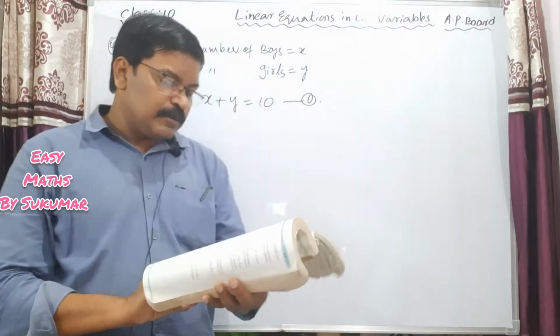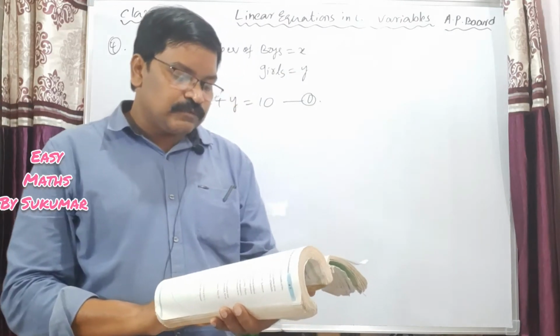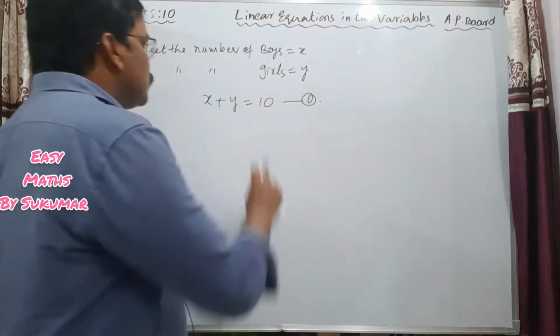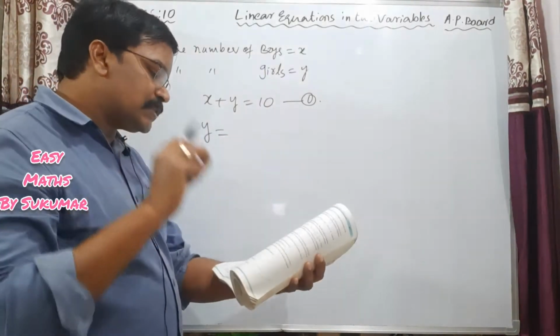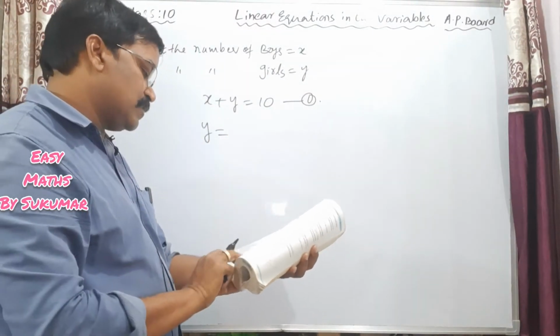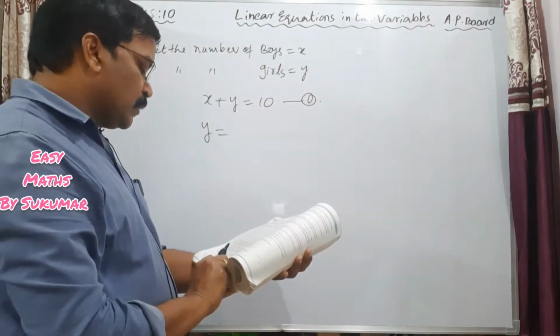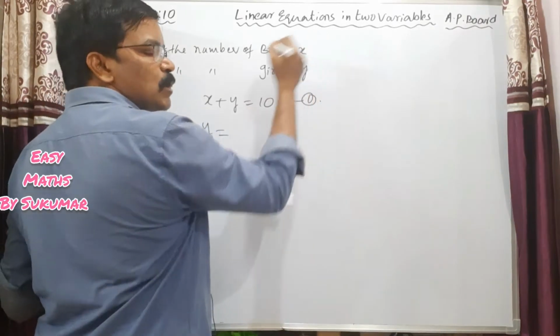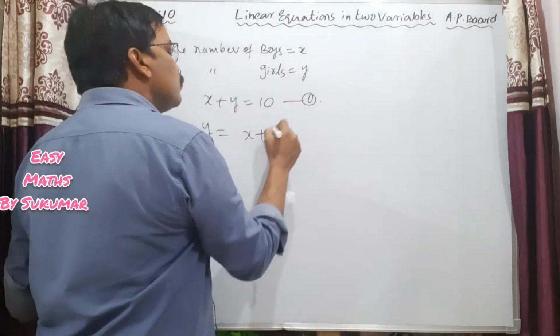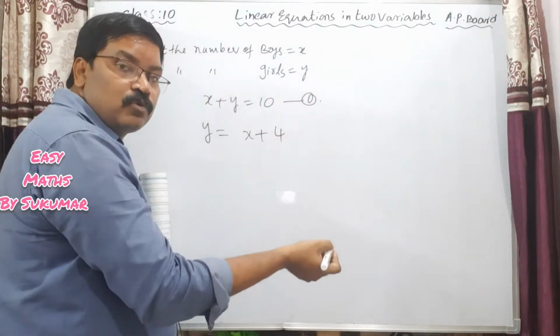Coming to the second case here. Girls means y. The number of girls is 4 more than the number of boys. That means the number of boys is x, and 4 more means plus 4.